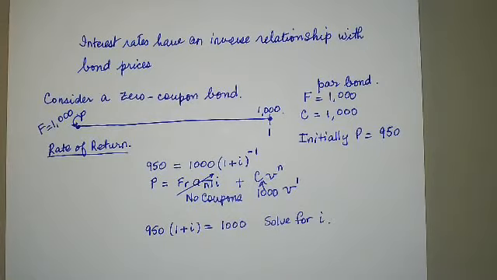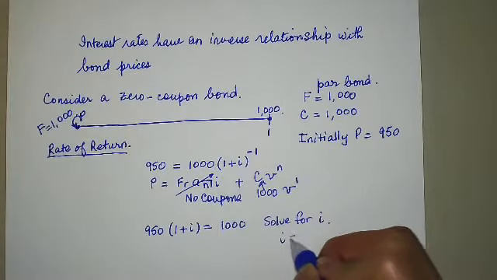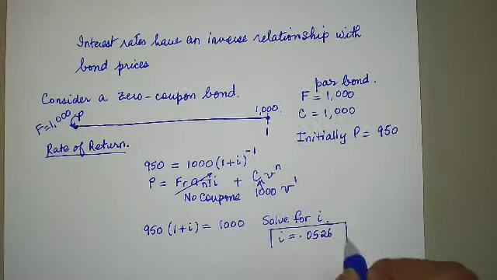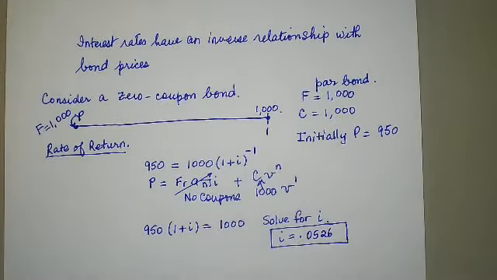I'm not done yet. 0.052632. Okay, so i equals 0.0526, it's about a 5% return, right?